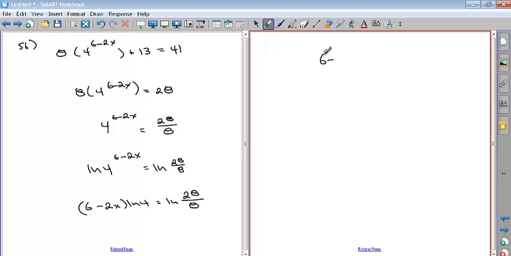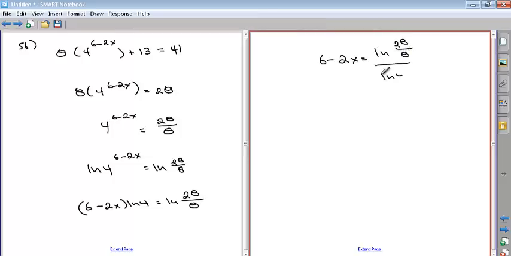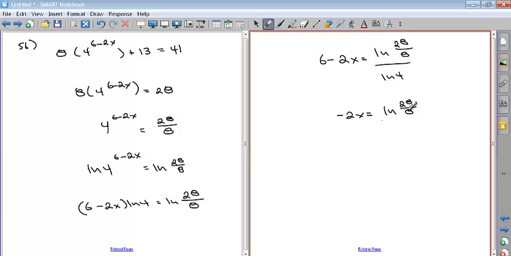Divide both sides by the natural log of 4. Subtract 6 from both sides. Divide by negative 2, or multiply by negative half, same thing.